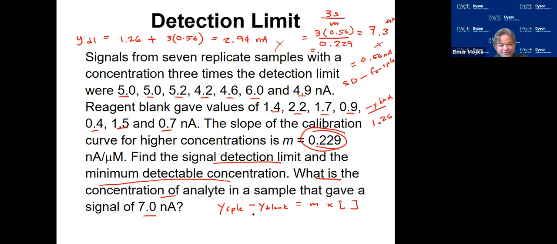You have the 7. What is the y blank? That's the one that you have here, 1.26. The m is 0.229, and the one that you're looking for is the concentration. So you divide both sides by 0.229. What do you get?